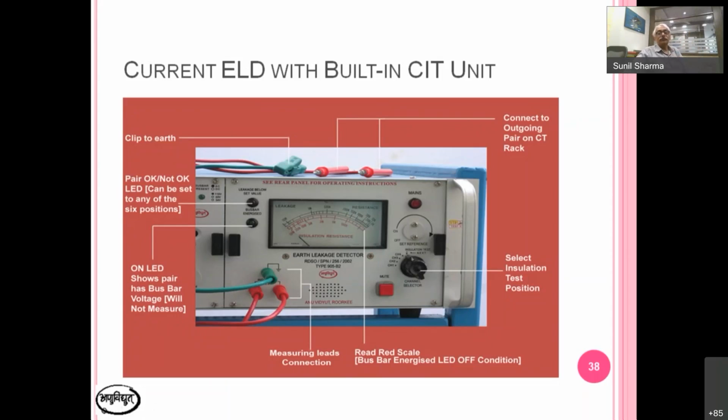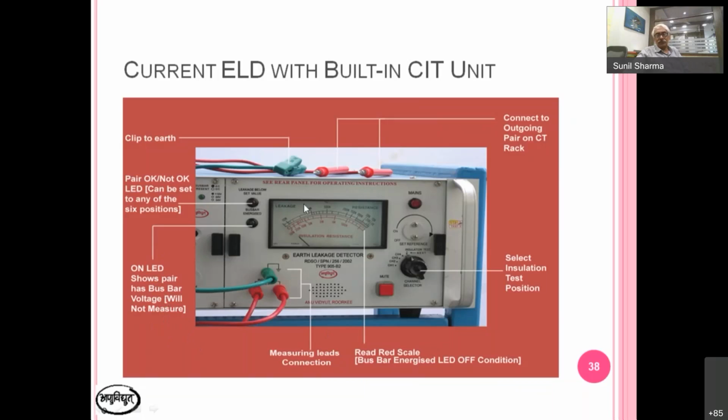There are 2 conditions. Either this pair is energized with 12 volt, 210 volt AC or DC, whatever voltage. In that case, it will not work, because the pair is energized. And this LED shows the pair is energized.